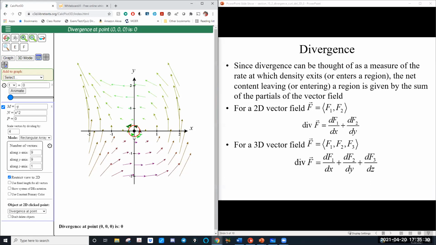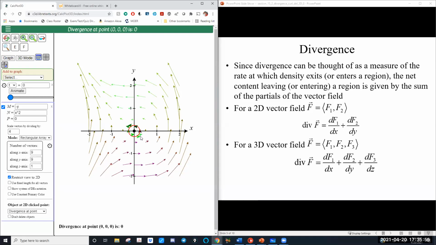The other thing I want to point out is that it's finding the vectors along the red radius. When we calculate divergence, we do it at a specific point, so we're calculating it at that black point in the middle.